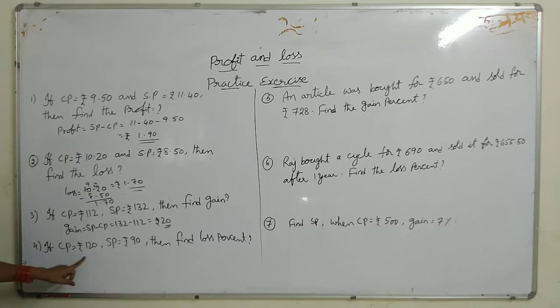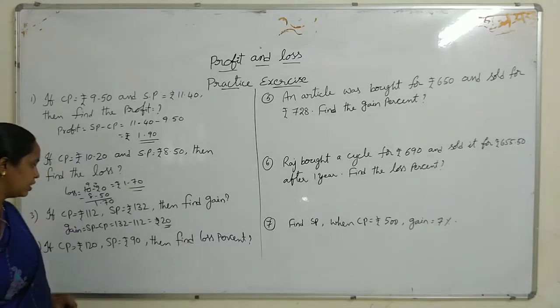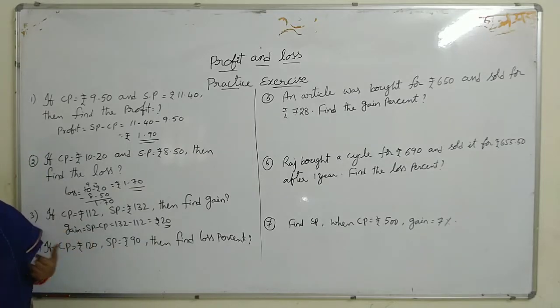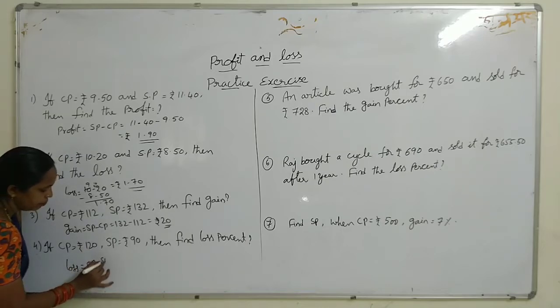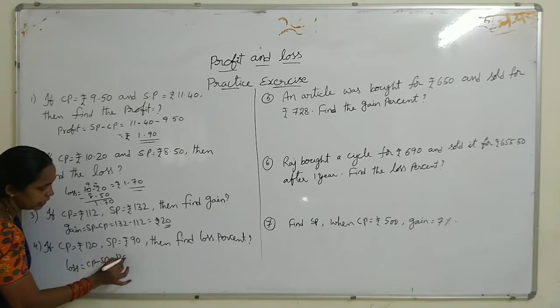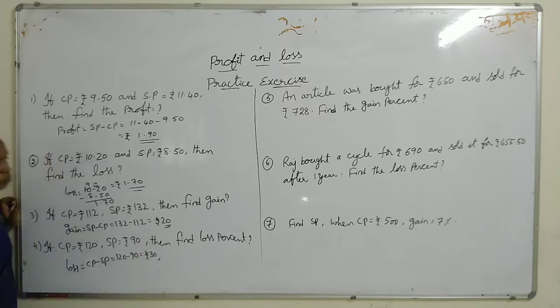Next, question number 4. If CP equal to 120 rupees, SP equal to 90 rupees, then find loss percentage. So CP is greater than SP, definitely you got loss. So loss equal to CP minus SP, that is 120 minus 90, that equal to 30 rupees. In this question, we have to find out the loss percentage.